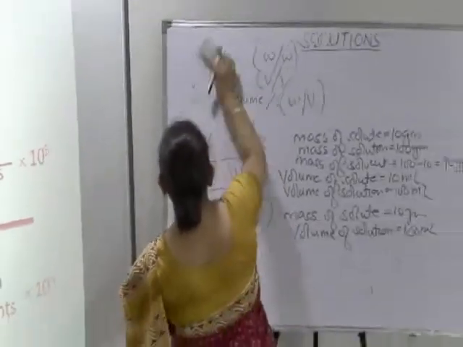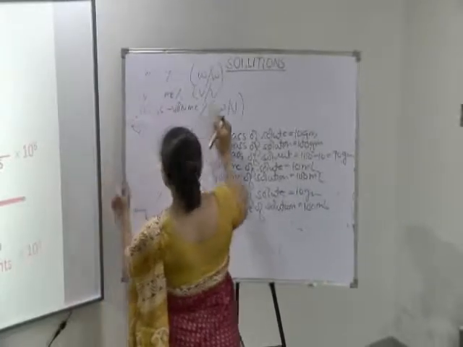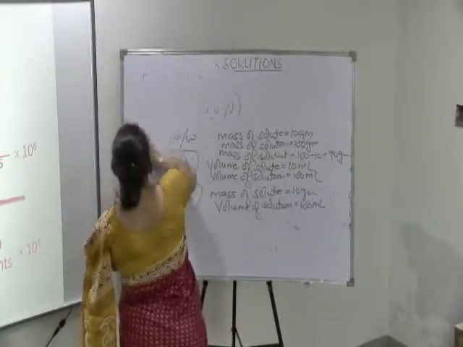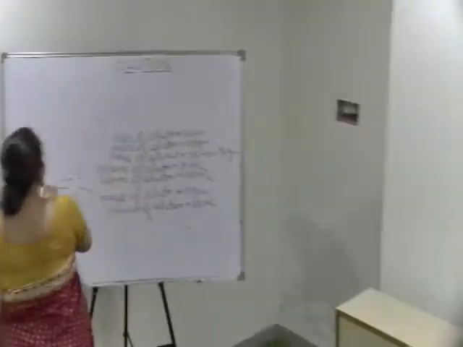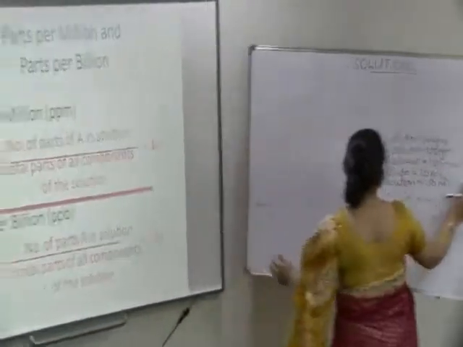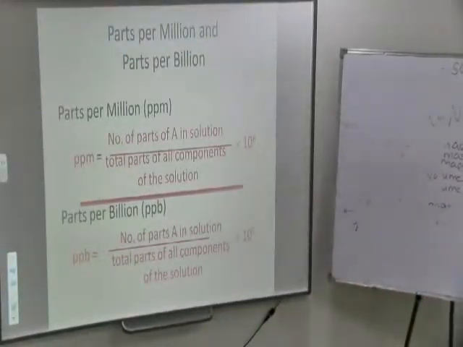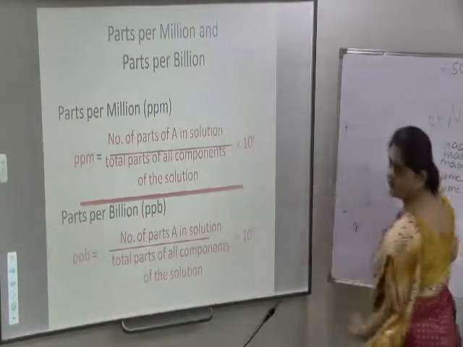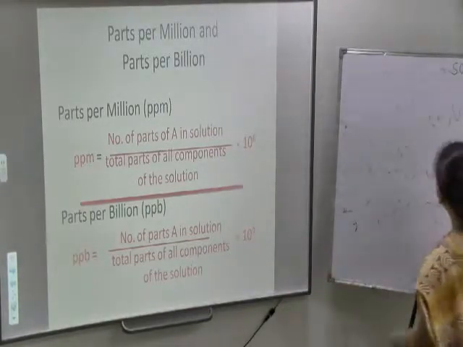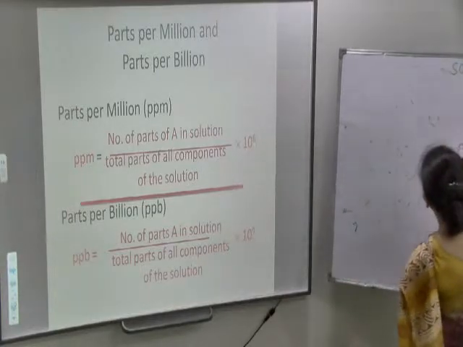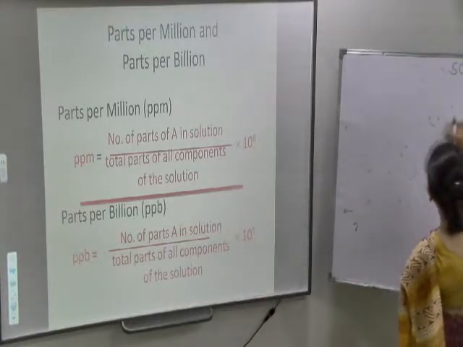The second method is parts per million or parts per billion. More or less it is the same as your percentage. The only difference is you are giving the solute present per million, 10 to the power of 6, of the solution instead of per 100 like your percentage.